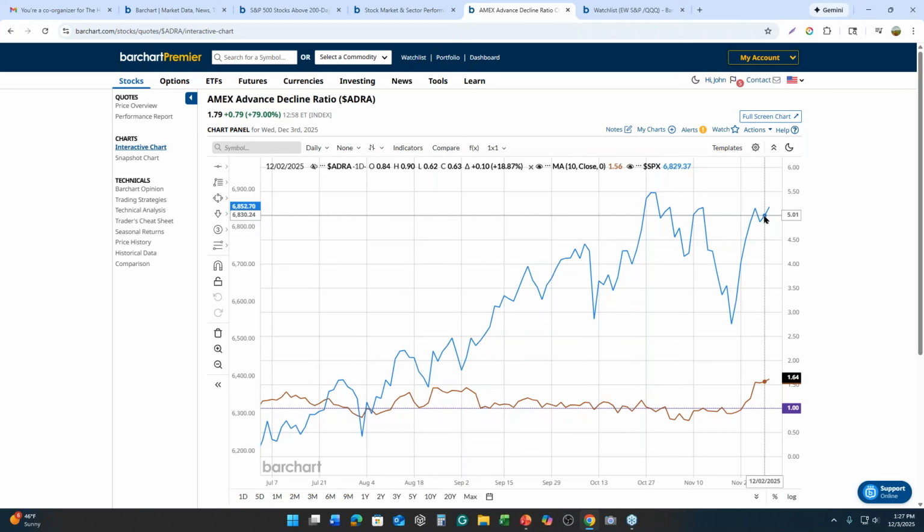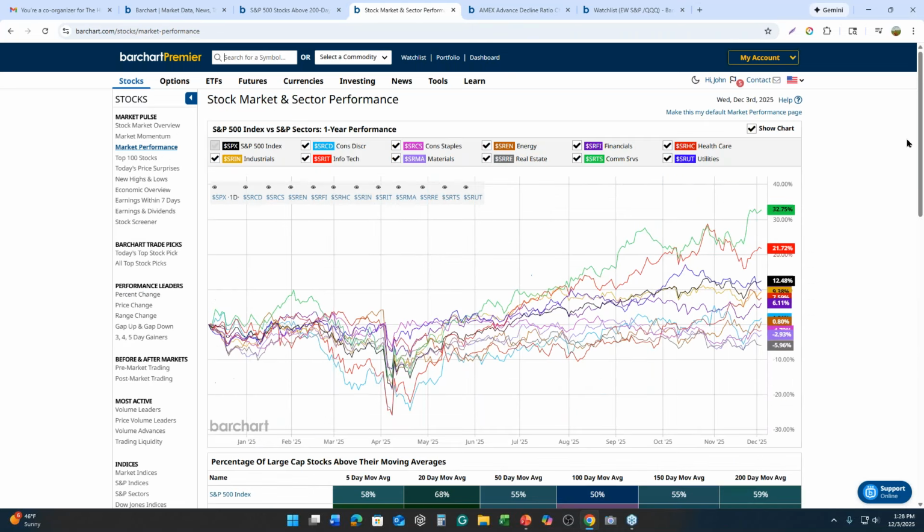So in the intermediate, we are starting to see a lot of positive breadth to the market. So let's talk about intermediates. So I want to go to market performance page.